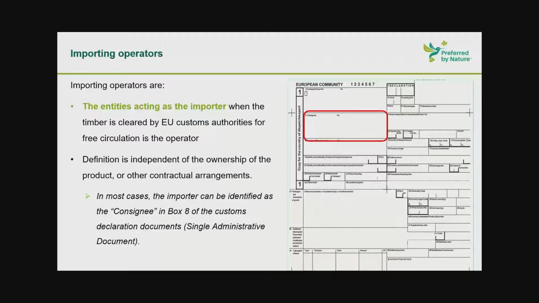But in general, we can say that if you are the consignee on the import document, then you are considered the importer and thus the operator for the goods that are coming in. I hope that's a bit clear. Otherwise, when we talk about the scope or the products that are involved, it will also become more clear whether you are an operator or not under the EUTR.